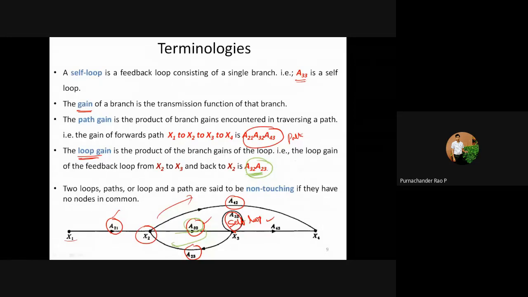Then we should see how many two loops there are and whether these two loops are touching each other or not. Here this is loop 1 and this is loop 2. These two are touching each other, so they will not be called non-touching loops.